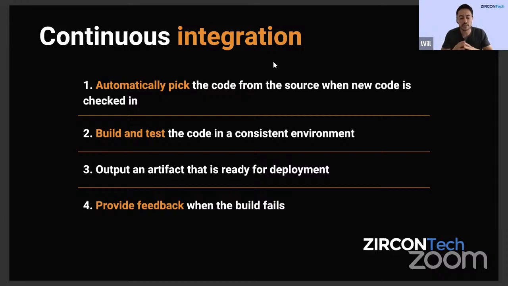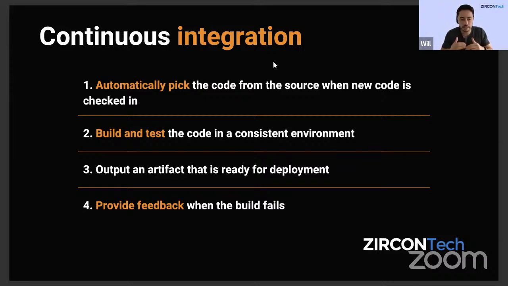First, as soon as a developer adds some code to the repository, either through a branch or maybe through a pull request, we should be able to pick that source code, create a consistent build, and test it. We should automatically validate that this new code is optimal and has met all the bars that it needs to ensure that.